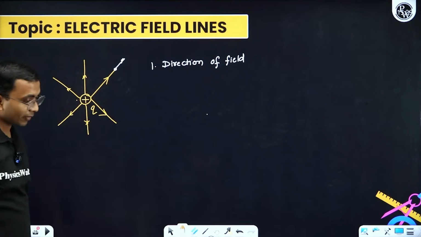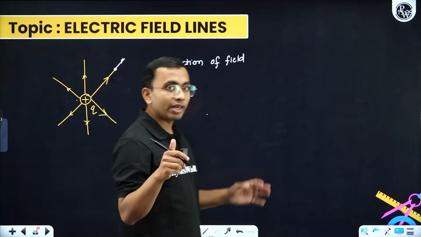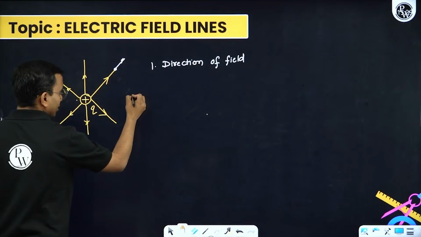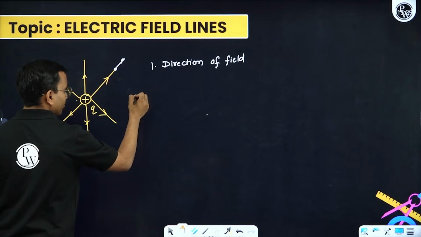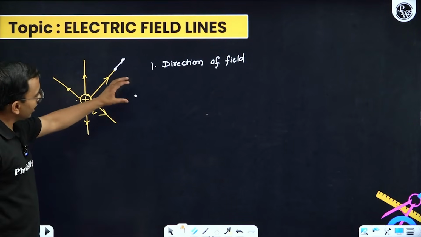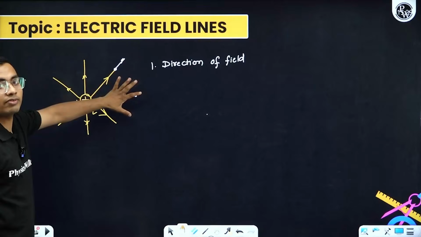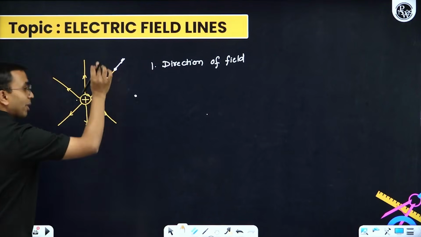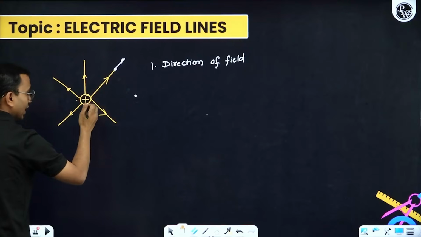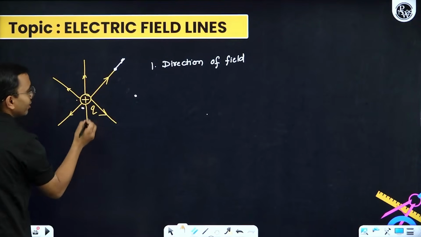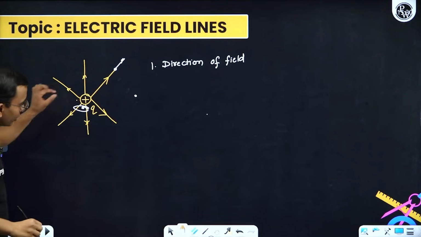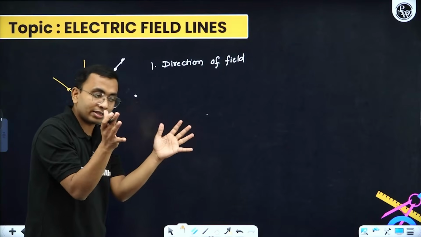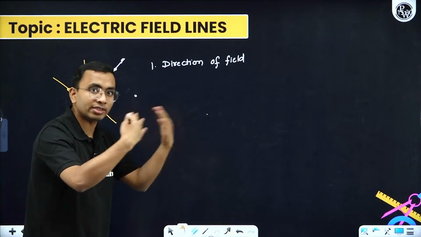Next, it gives you the idea of relative strength. Let us take a point here. Here the field line density is very less, the field lines are away, it means the field strength is very less, the magnitude of electric field will be lesser here. If I take a point very closer, the field line density is greater, so here the electric field strength will be greater. Where the lines are closer, the field strength is more.